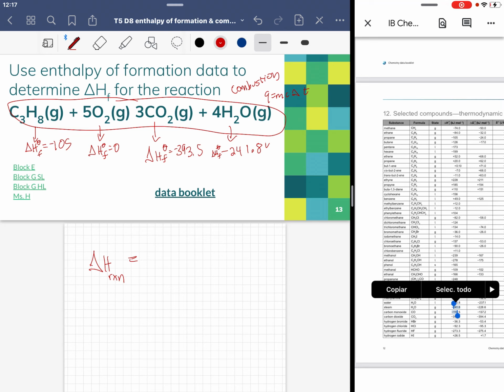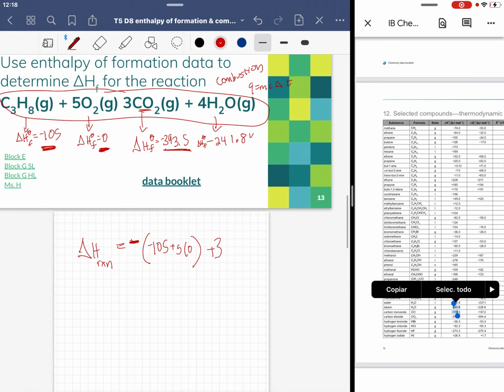So delta H for the reaction is, I know that because these are in the reactants, I'm going to have to flip that sign. So I'm going to have to make it negative, that negative 105 plus 0, or 5 times 0, which will still be 0, plus, here's my formation for 1 mole of CO2. So 3 moles of CO2.